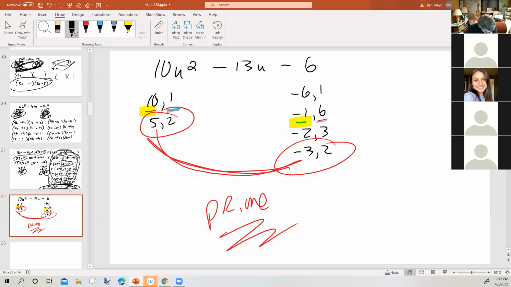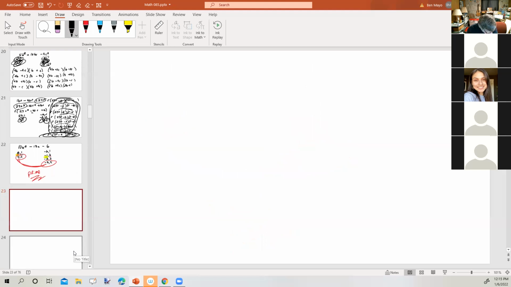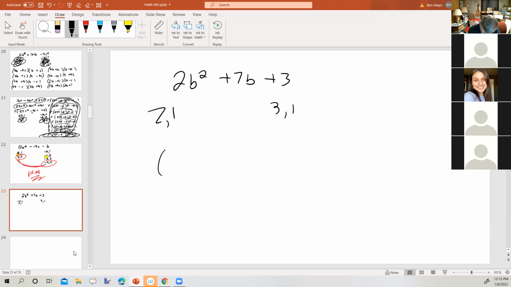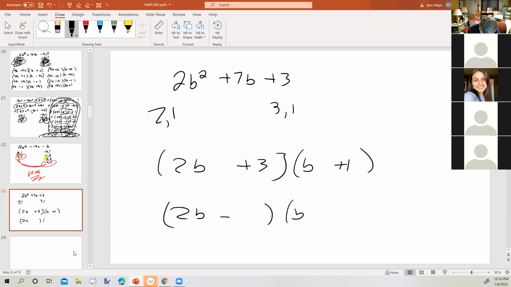But again, let me go back to a simpler one. 2b squared plus 7b plus 3. Well, it's got to be a 2 and a 1 and a 3 and a 1. So it's either got to be this or that.